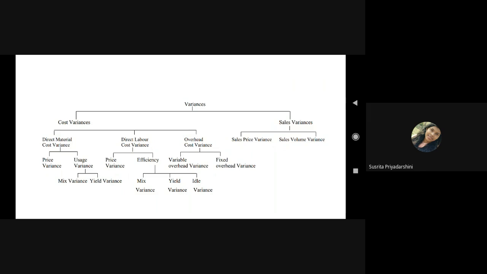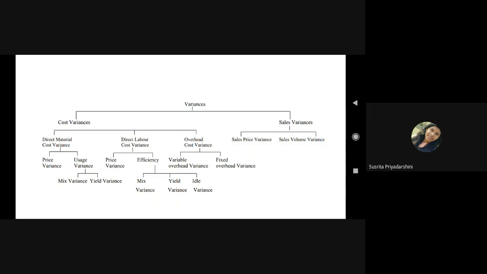Under our entire overhead cost, some costs are variable and some are fixed. We had already read that in budgeting and budgetary control: under factory overheads, we have a variable part and a fixed part. Under selling and distribution, we also have a variable part and a fixed part. So here it has been segregated into variable overhead variance and fixed overhead variance.